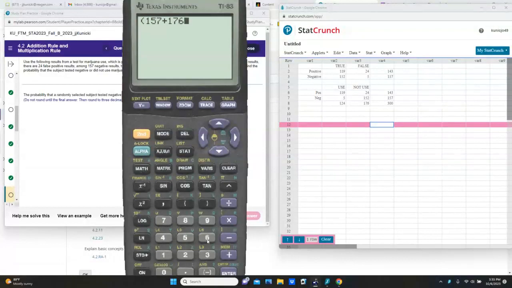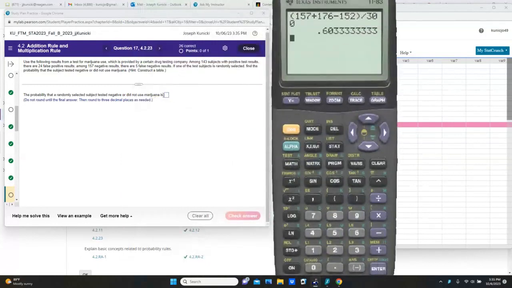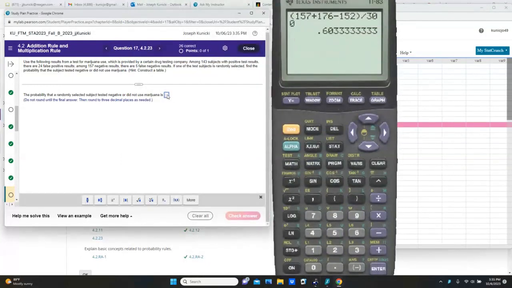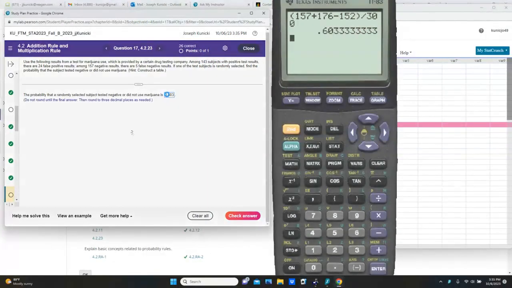But they occurred twice. There's the intersection, 152, so I have to subtract that because that 152 is included in both of those sums, and then I divide by the 300. So it's an or statement. So it's 0.603 would be the probability of this or statement.